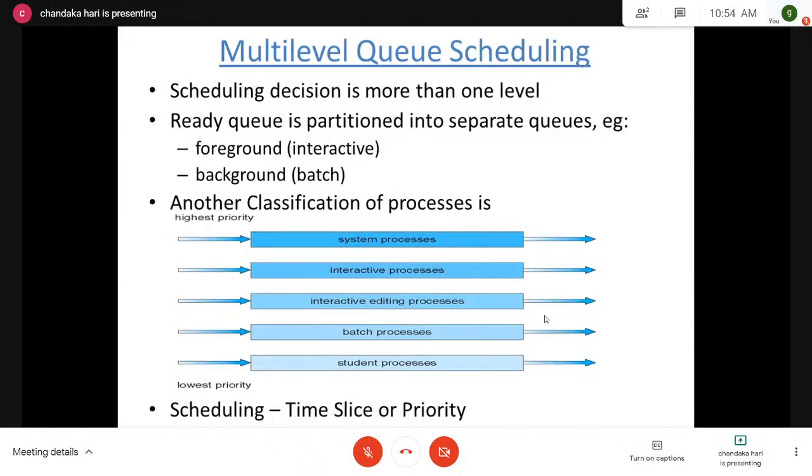System processes are the set of software programs required to run your computer system, such as assemblers, loaders, linkers, compilers, etc. These all come under the category of system processes. Interactive processes always need an interaction with the user while executing.